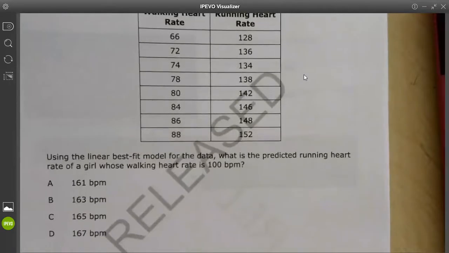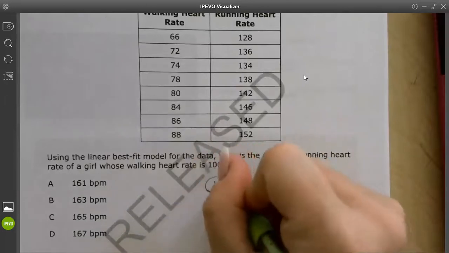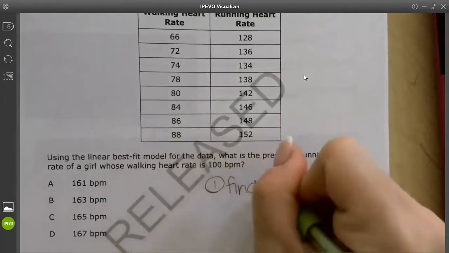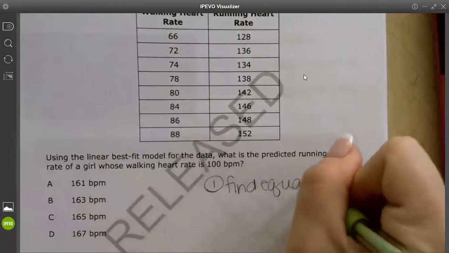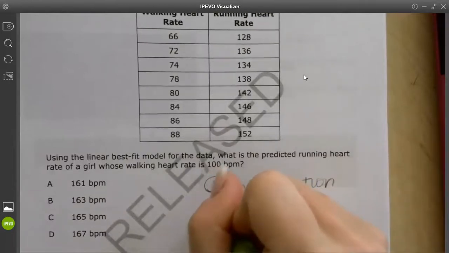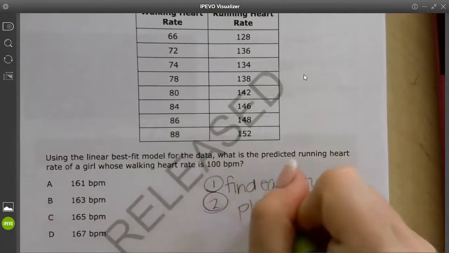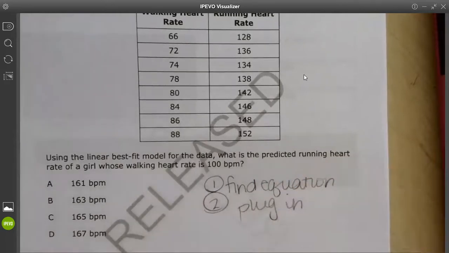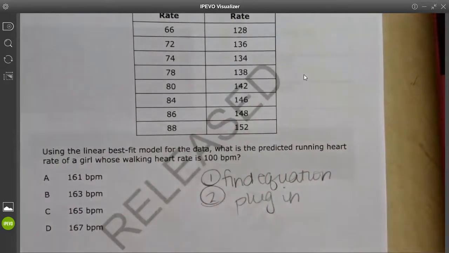Using the linear best fit model for the data, what is the predicted running heart rate of a girl whose walking heart rate is 100? So what they're asking is to find the equation and then plug in. Okay, so find the equation and then plug in.